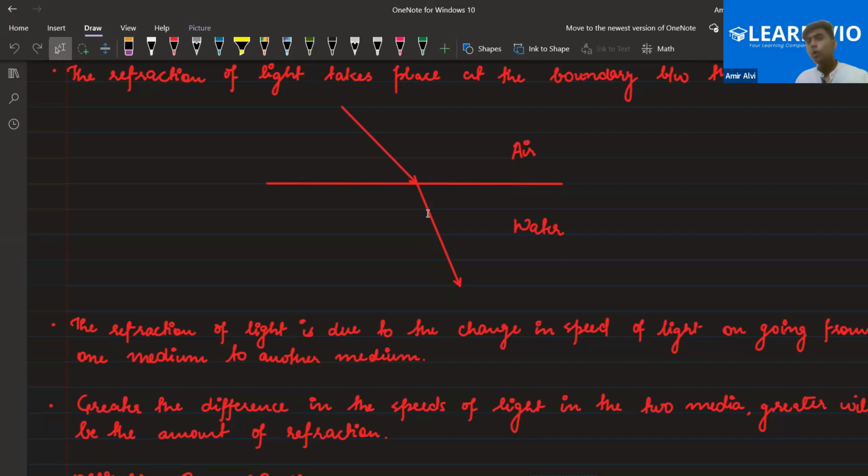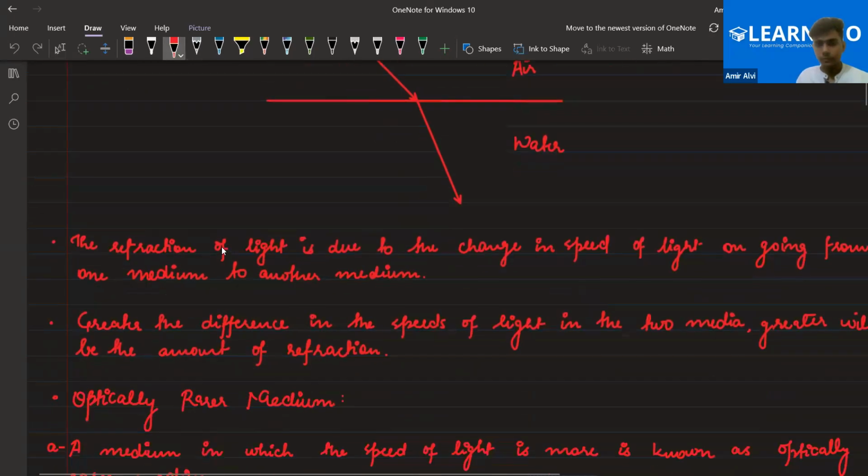So the more the change in speed of light in the two media, the greater will be the amount of refraction. Suppose light is going from this medium to this medium. If the difference is large, then the refraction will also be large. It means the bending of light will be more in that case, right? Small change in the speed of light, small refraction. Is this clear to all of you? Yes. Okay.